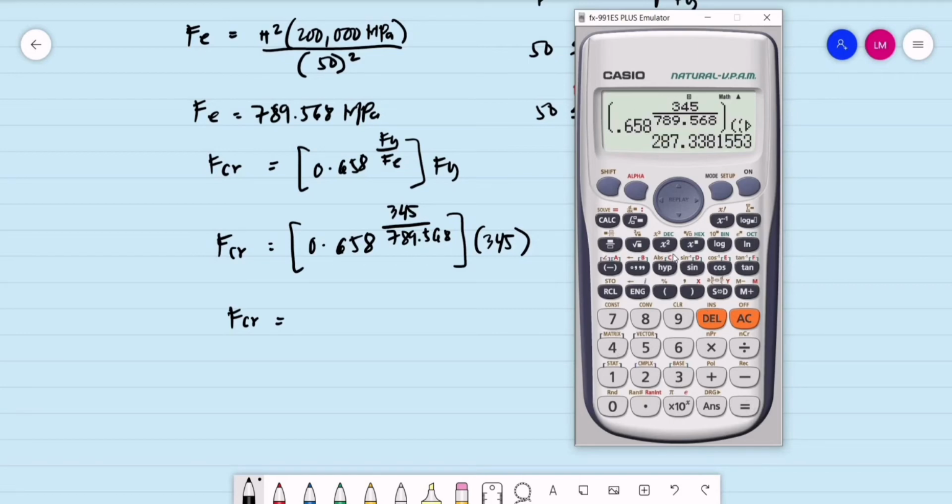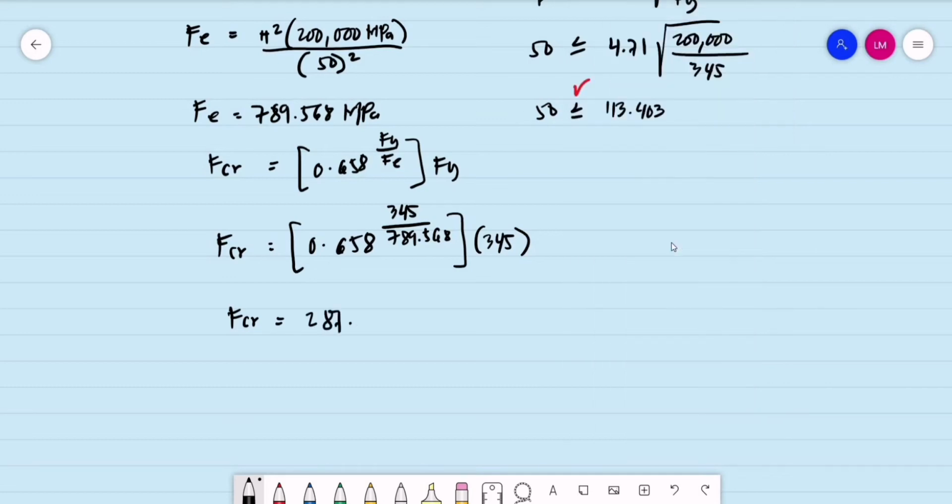That's 287.338 megapascals. Okay, so we have now this f sub CR.